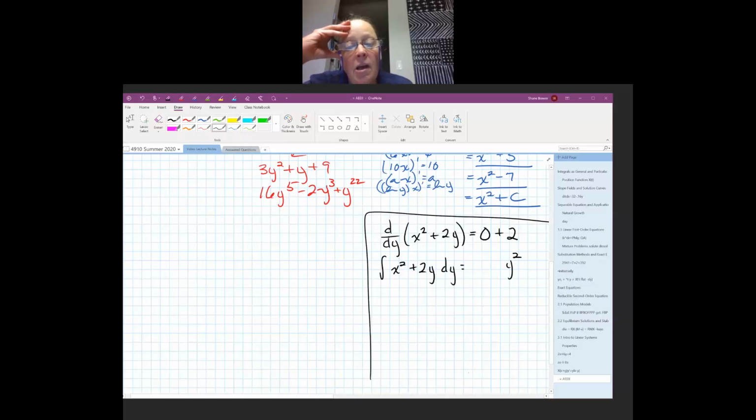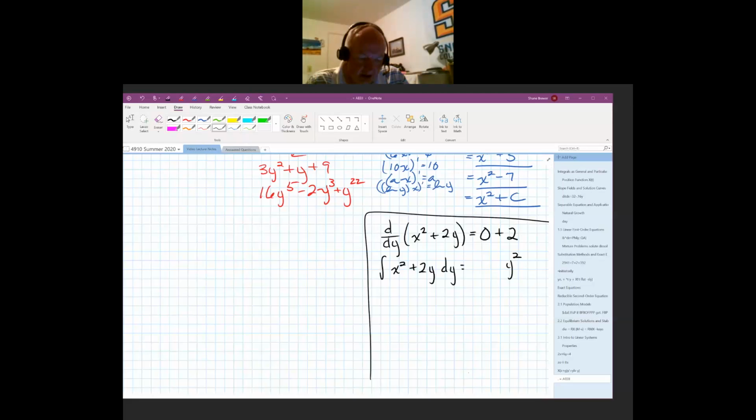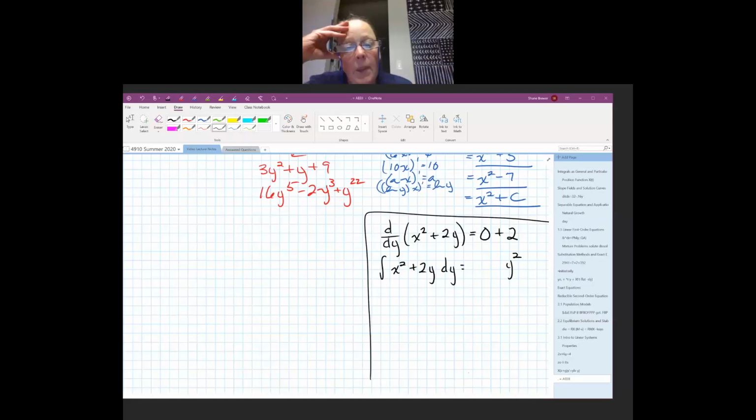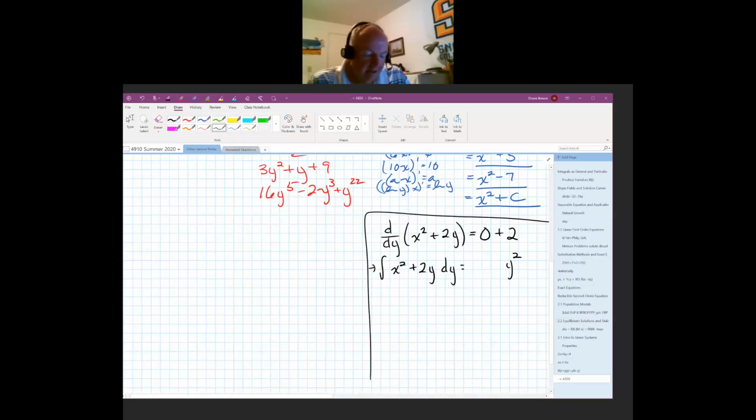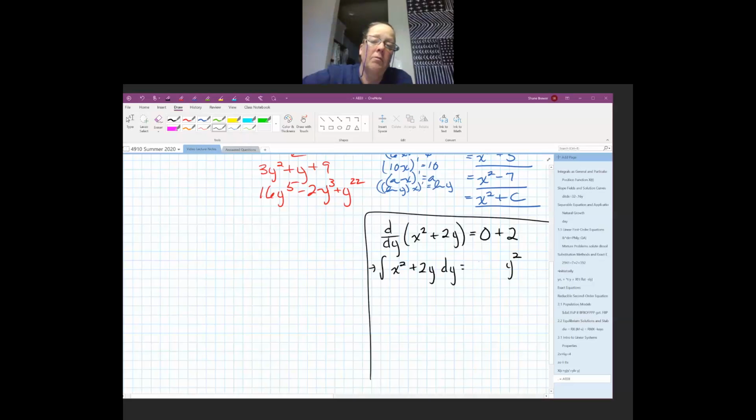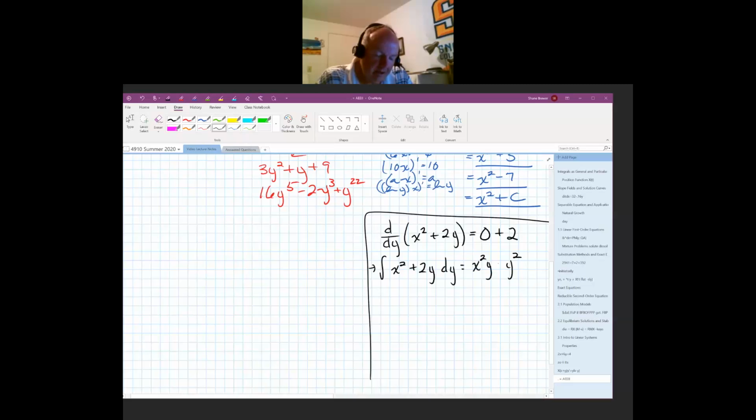The x squared, does it go to 0? No, you're differentiating there. This is anti-differentiating, right? Yes. So it would be x squared y.